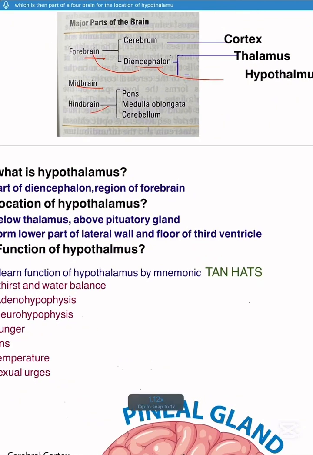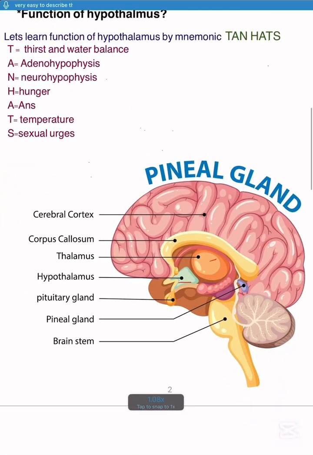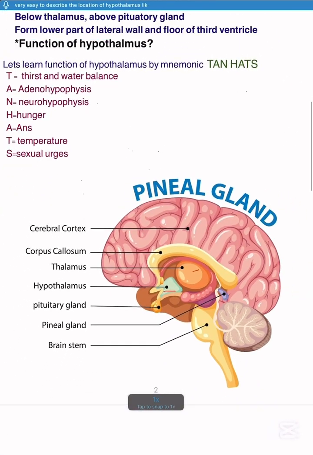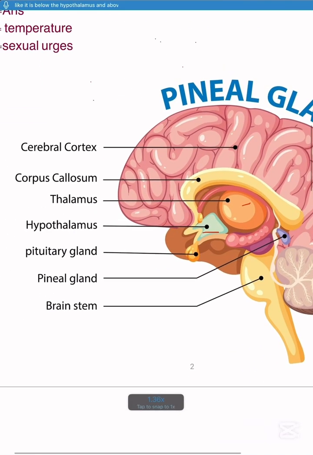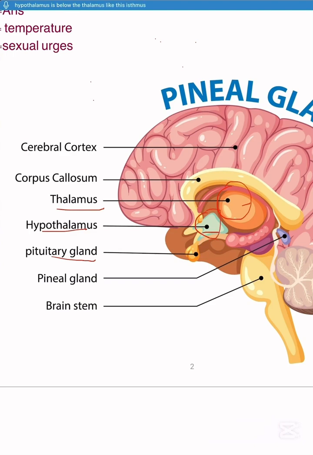The location is very easy to describe: it is below the thalamus and above the pituitary gland. This is the thalamus, this is the hypothalamus, and this is the pituitary gland.